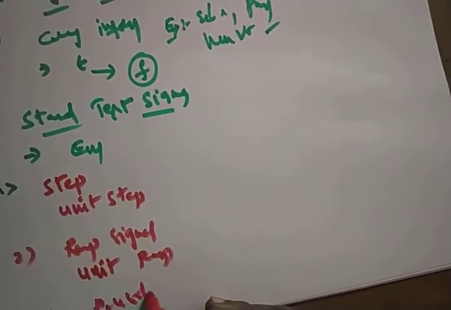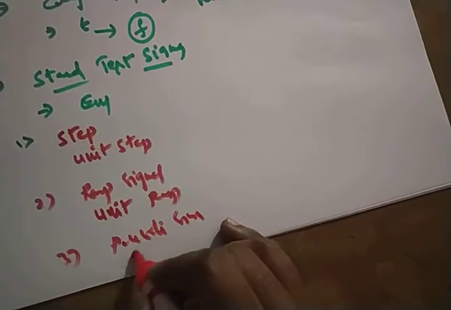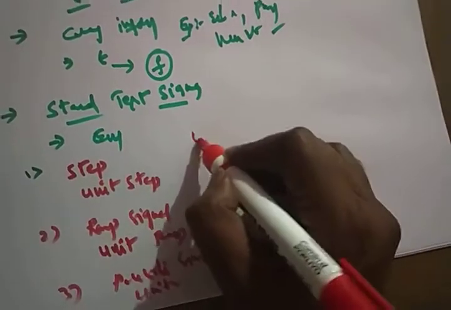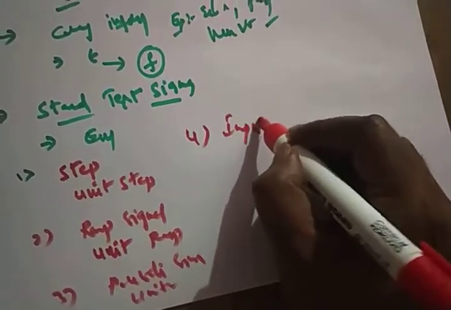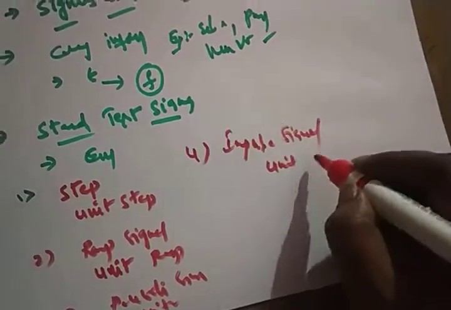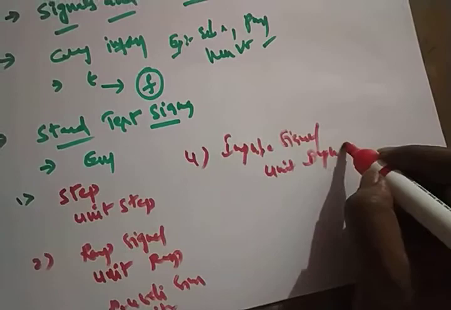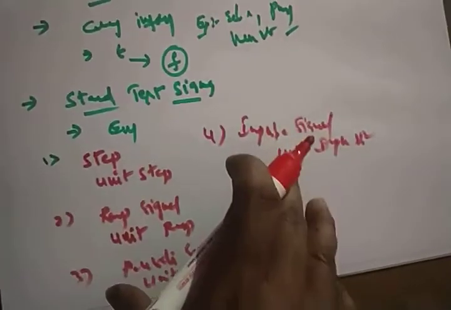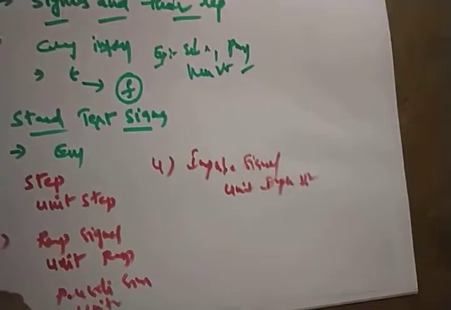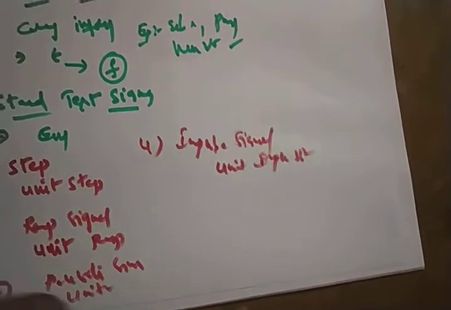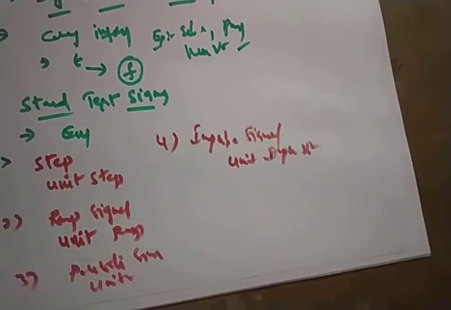Parabolic signal, unit parabolic signal. And the fourth one is the impulse signal, unit impulse signal. These are the signals we can easily generate in our laboratory itself. So with this you can directly apply to the system and predict the performance of each and every system.